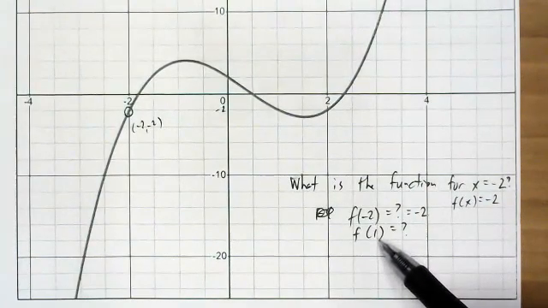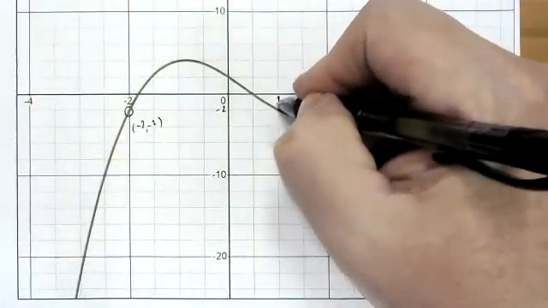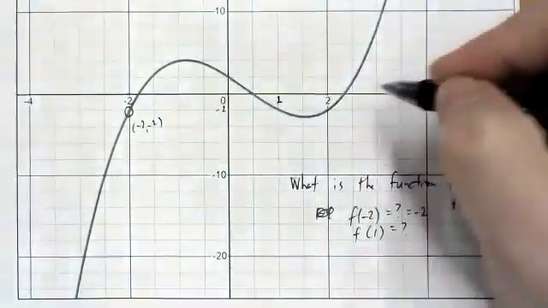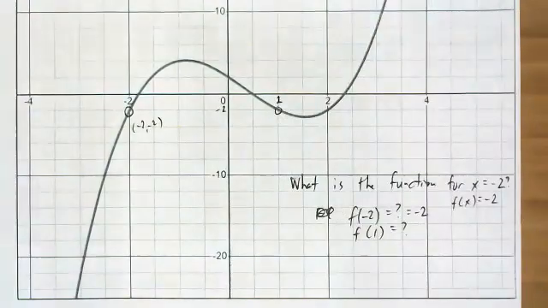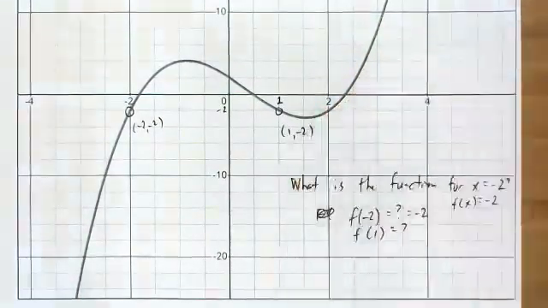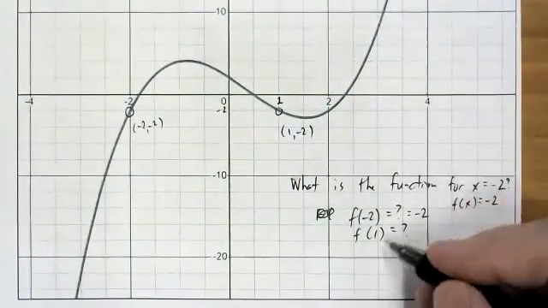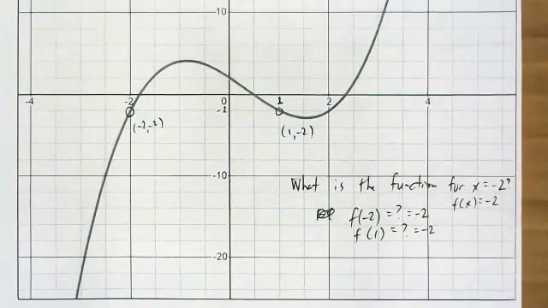So if you know x is 1, let's go find that point on the graph. Well, here's my x-axis, here's x is 1, so that means there's a point I'm looking at. It's 1, -2. So what's the function when x is 1? -2.